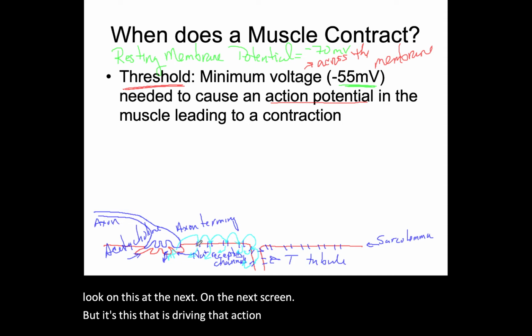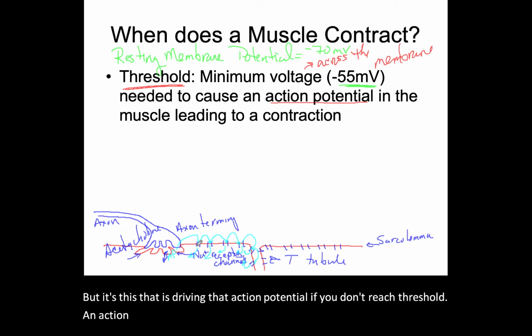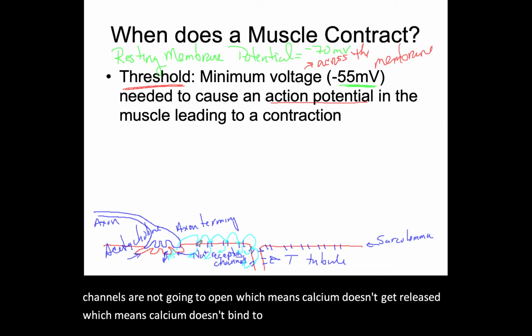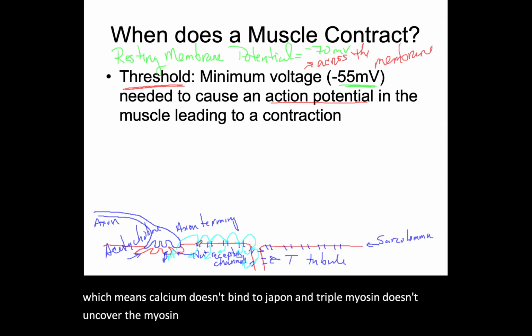If you don't reach threshold, an action potential is not sent, which means the voltage-gated calcium channels are not going to open, which means calcium doesn't get released, which means calcium doesn't bind to troponin, tropomyosin doesn't uncover the myosin binding sites on actin, and a muscle contraction does not happen.